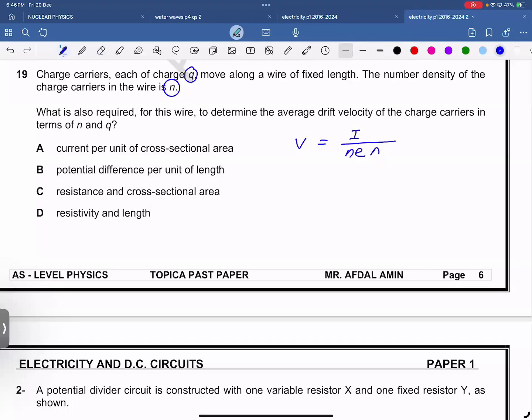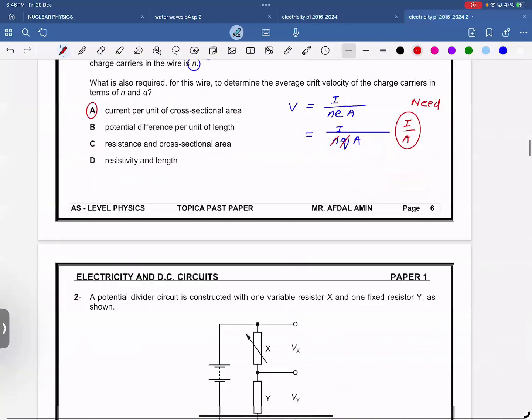Instead of e, they are using letter Q. Okay, now you have charge Q, and we need I over A. We further need I over A. Current per unit area, yes. Because everything else we have, we need I over A. So I over A is current divided by area. Option is A, my dear students.